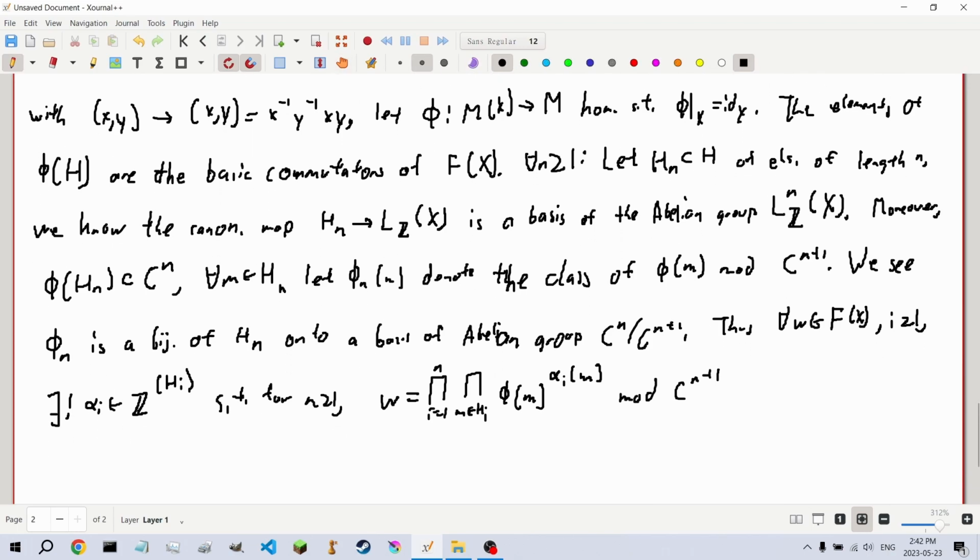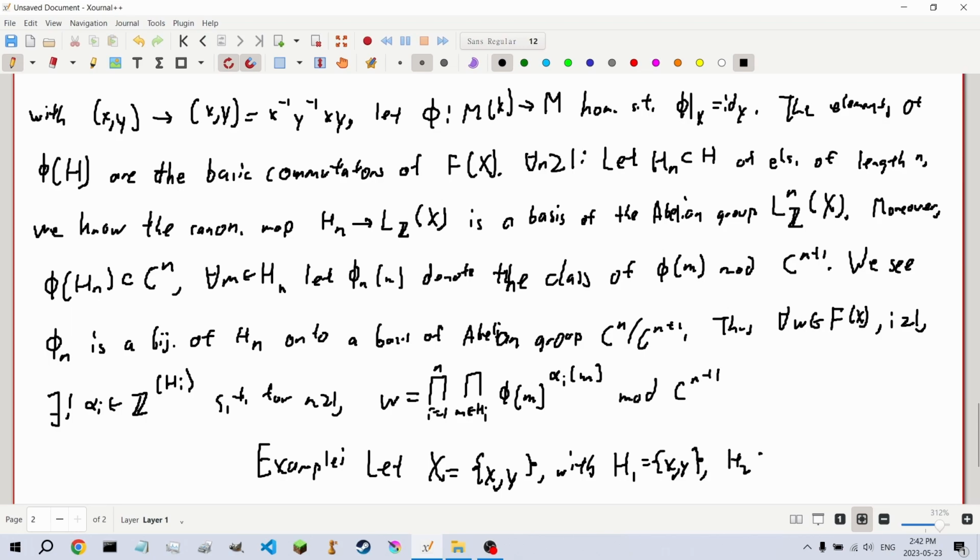Let's look at an example of this. Let's actually compute one. Let X be the set of indeterminates x and y, with, of course, our Hall set of length 1 being our individual x and y, our Hall set of length 2 being the commutator of x, y, and that's exhaustive, I believe.